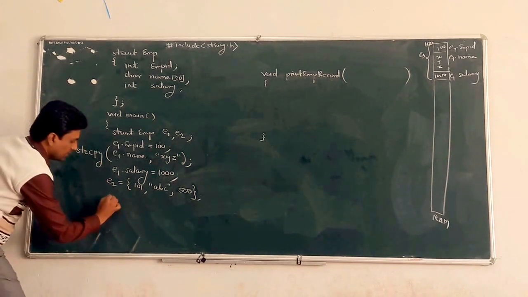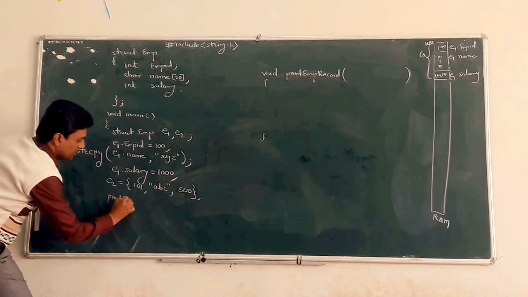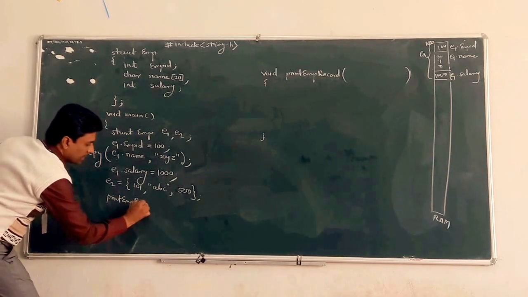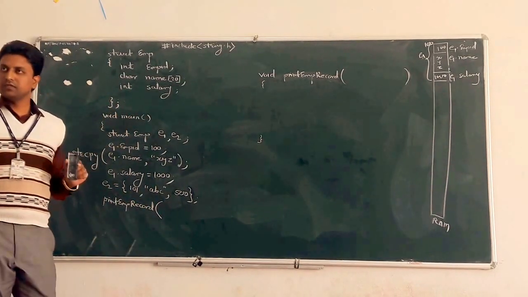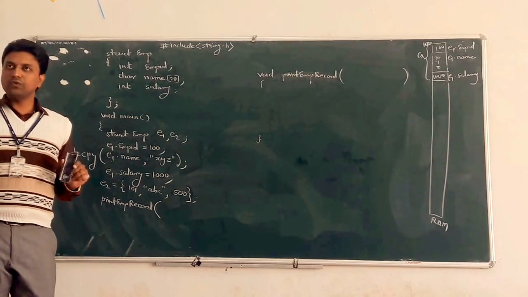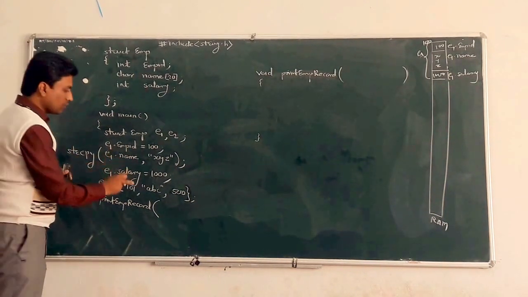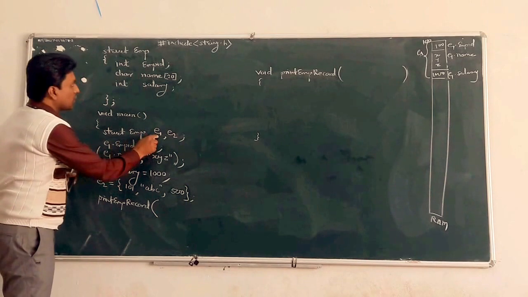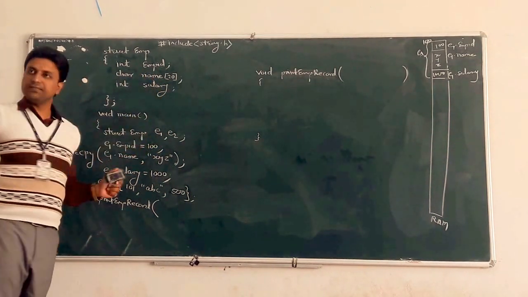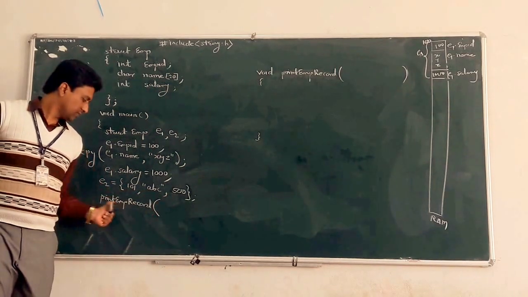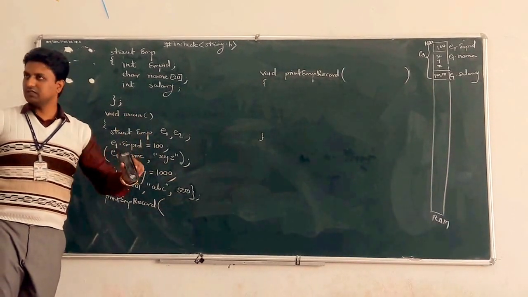First, call the print employee record function. Now how can we pass the values? By two ways. We can pass E1 dot employee ID separately, E1 dot name separately, and E1 dot salary separately to the print employee record function.